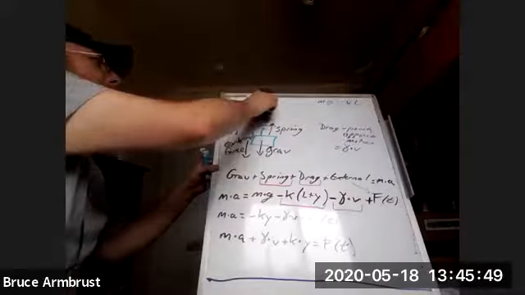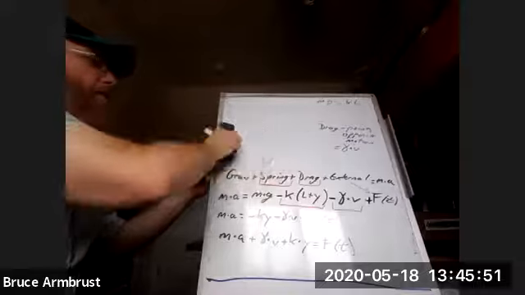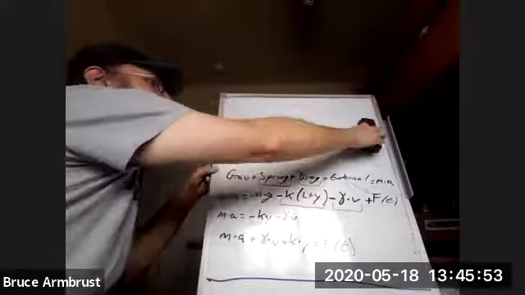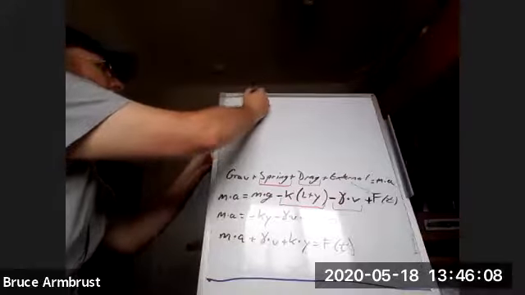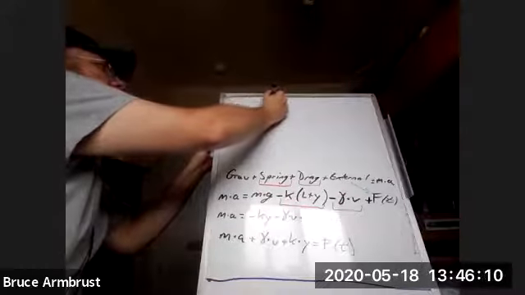And it's probably at this point, hopefully, where you recognize what's going on. We know velocity is the derivative of y. We know acceleration is the second derivative of y. And so the next thing you know, we've got this differential equation.